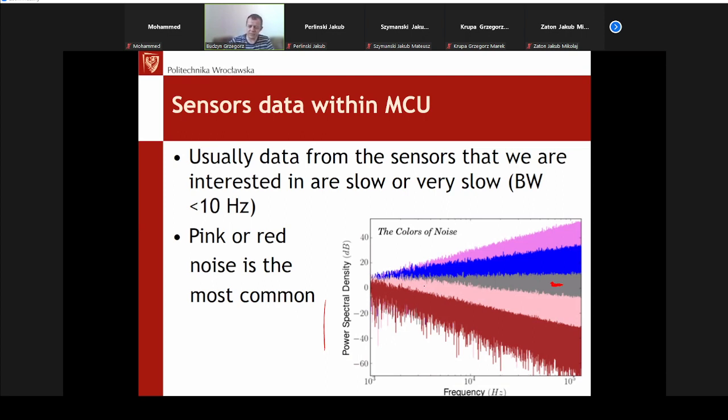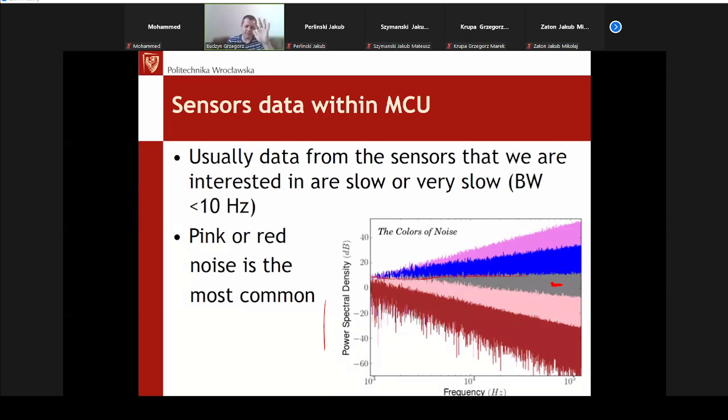Flat spectral density means that if we limit the bandwidth of the signal coming from such a sensor, then we will see an improvement in the signal to noise ratio, and we will be able to get closer to the nominal resolution of the ADC implemented onto the microcontroller unit.